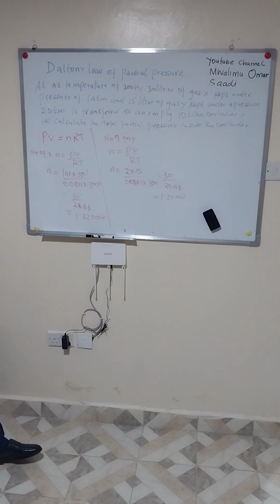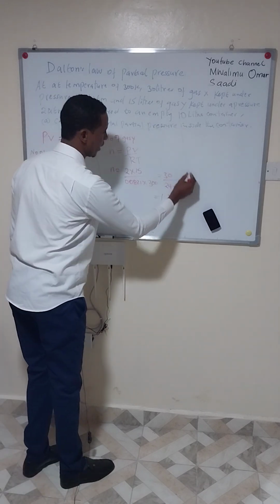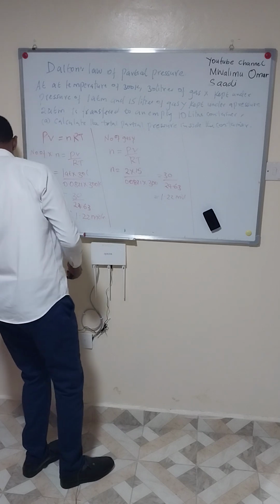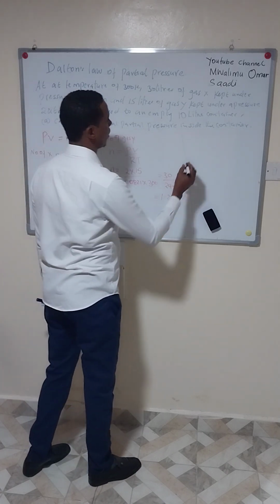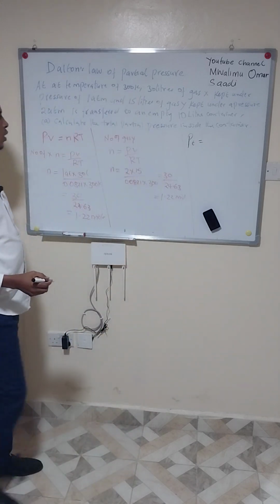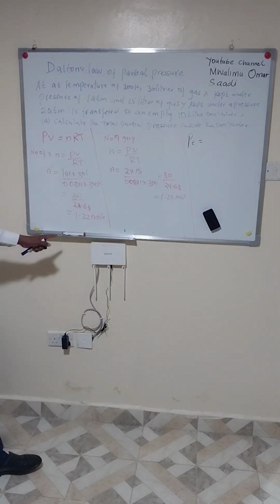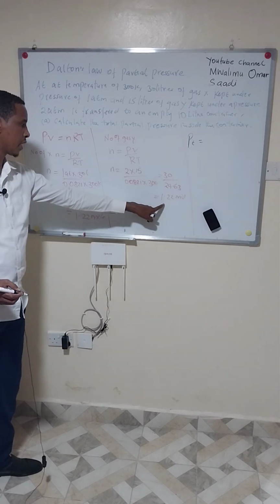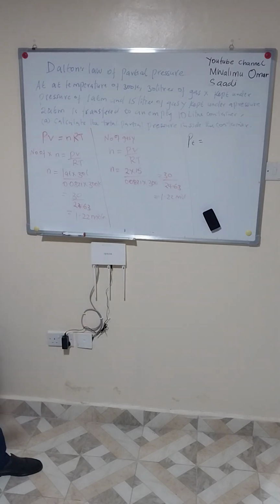So the question was asking the total partial pressure. So total partial pressure is equal to the number of moles of the two gases. Since we have the moles of gas X and moles of gas Y, we add those together.